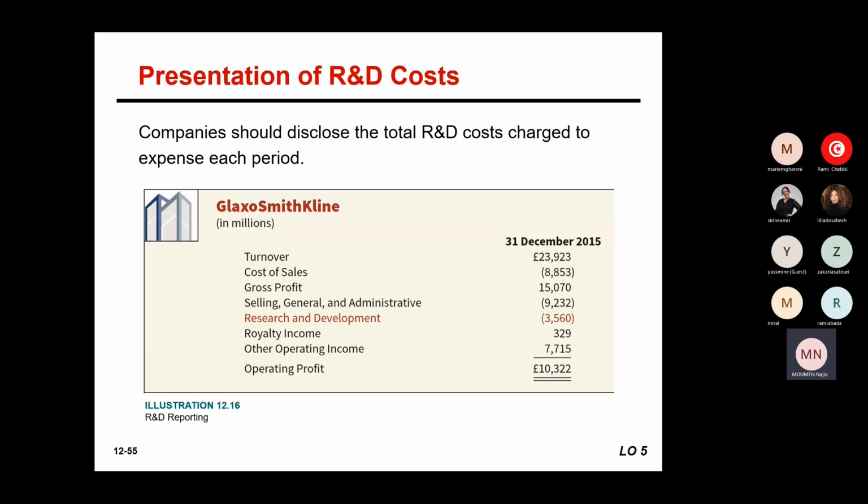You also have royalty income, other income, other expenses, and other operating income, and then the operating income is 10 million pounds, 322 pounds. So you see here that this is a research and development expense. This is a snapshot of the income statement of that firm.